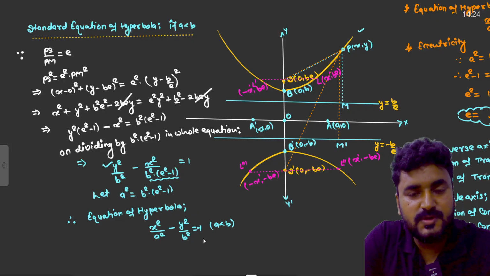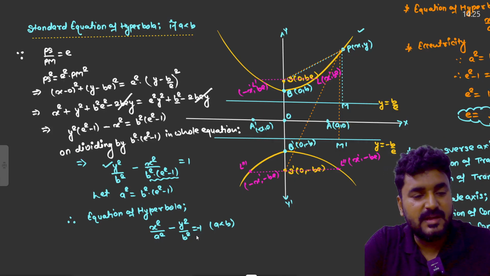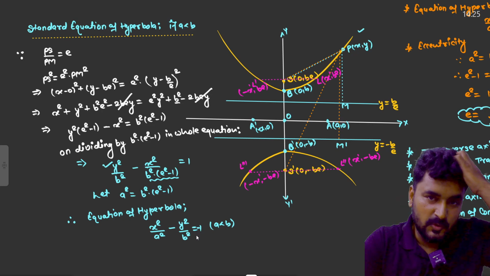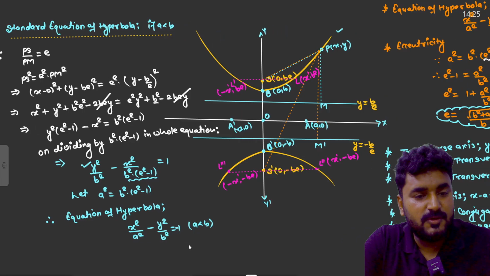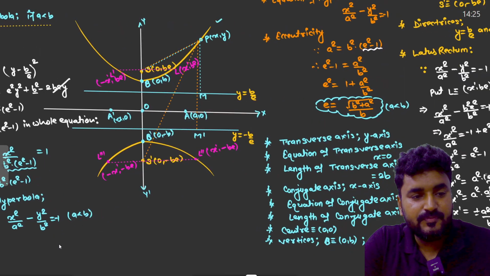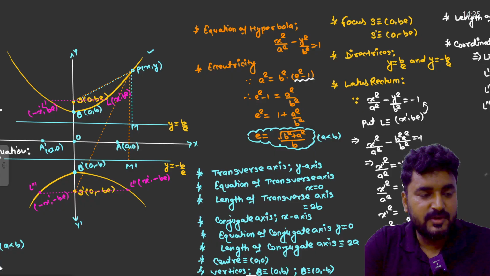So I hope students you are getting my point. Okay, so here was a mistake, I forgot to write minus. Okay, so no problem, it happens. So therefore we got both the equations of the hyperbola. So you can take the screenshot and you can note down.